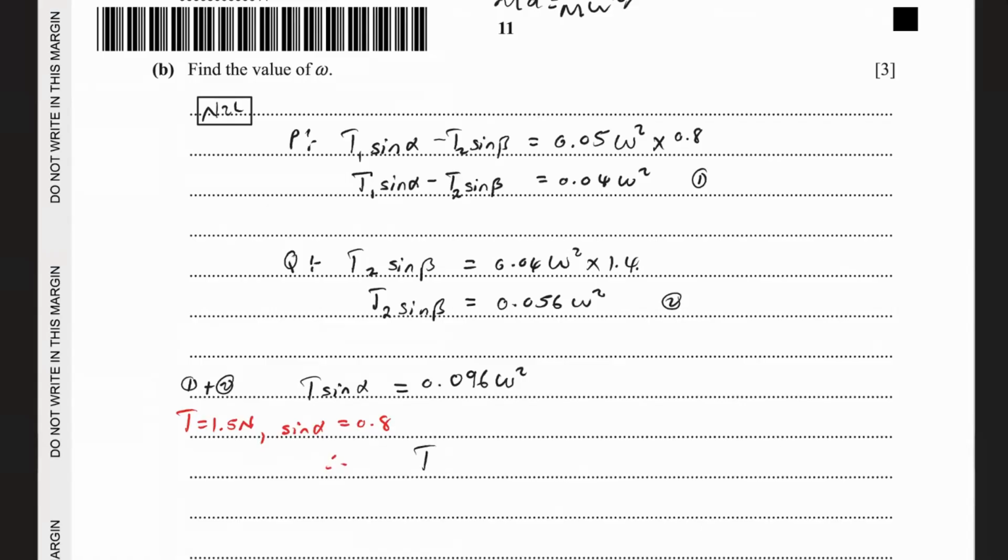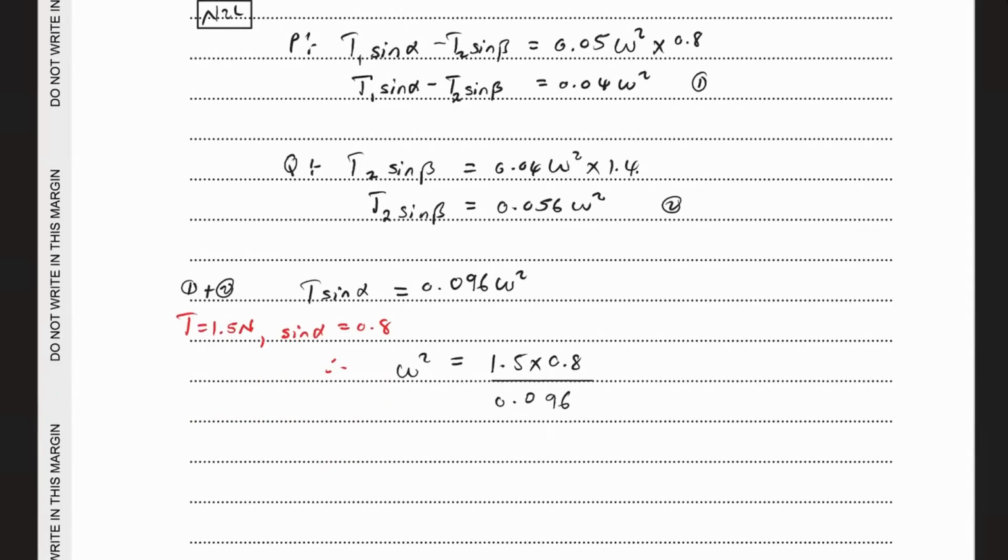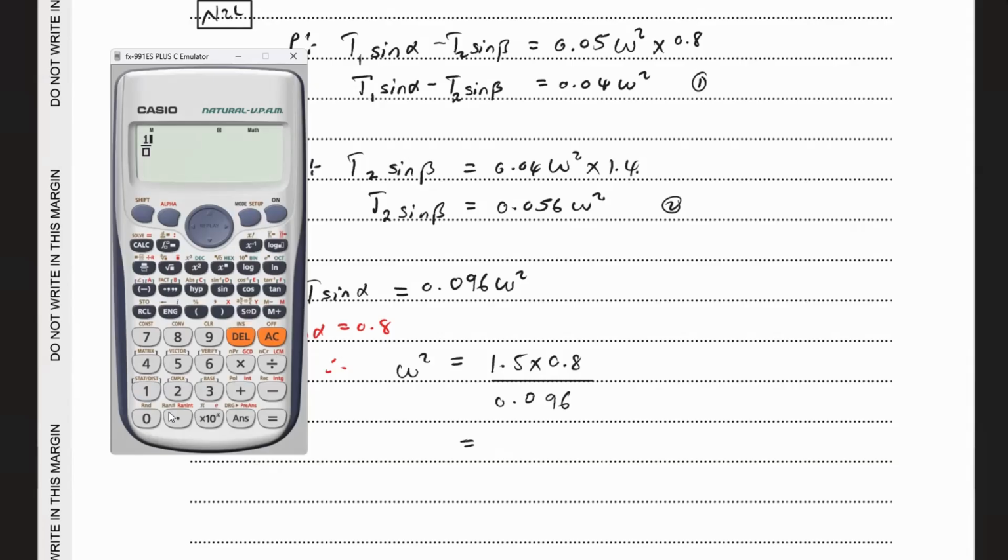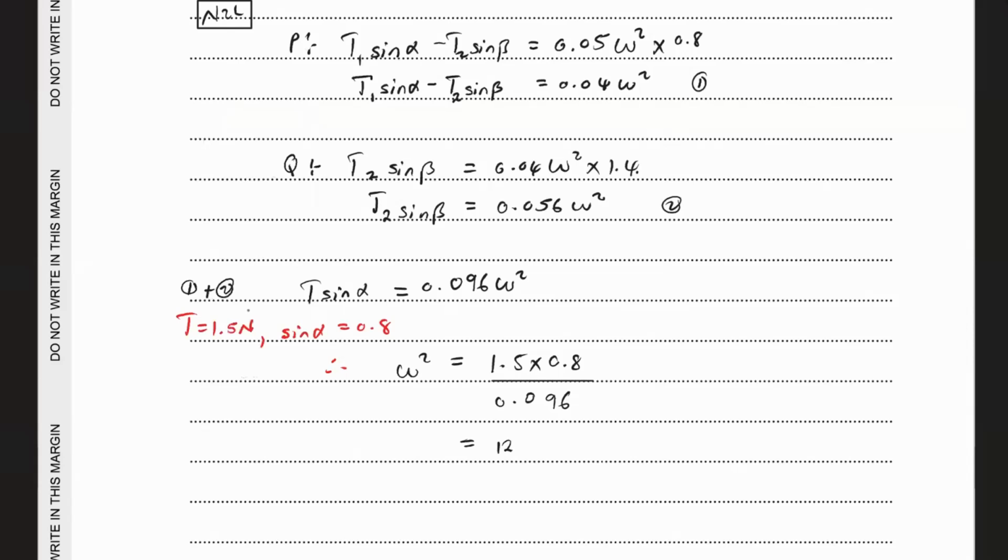Okay, so omega squared will be 1.5 times 0.8 divided by 0.096, which, if we type that in, is 12.5.